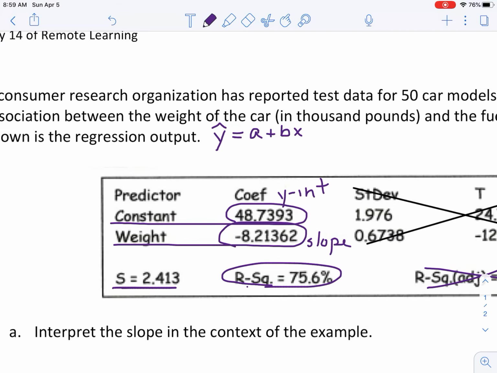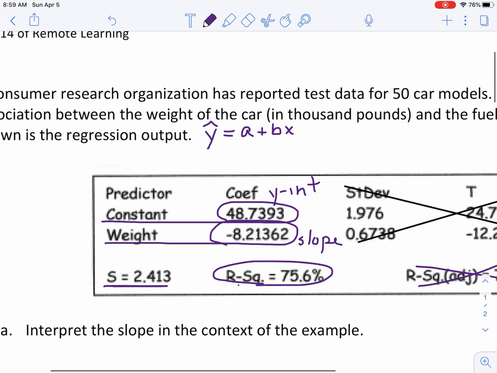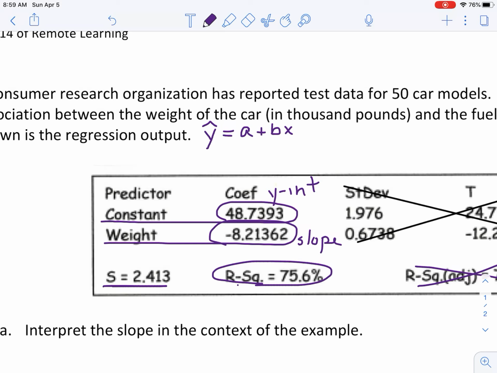So what am I predicting? I am predicting the fuel efficiency, right? So I can write the fuel efficiency and you can either write a hat on top of that. Ugh, that was supposed to look like a hat. Or you could actually write the word predicted in front.